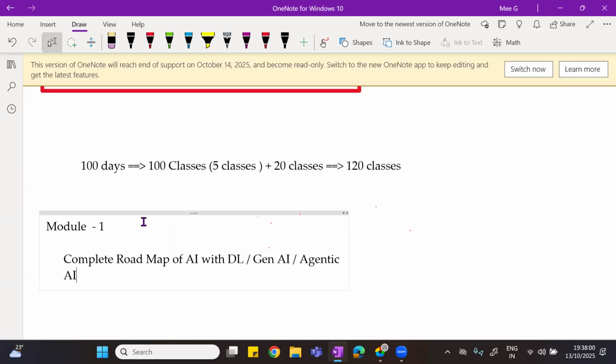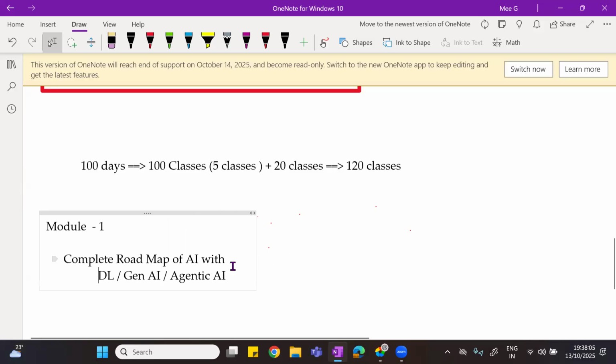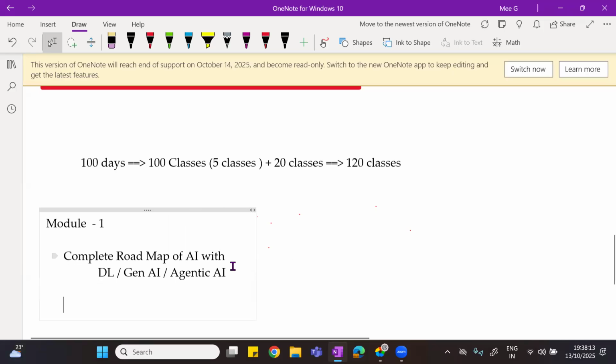I'll also give you an overview of machine learning, so you will get clarity on this. This will be in our 4-day demo sessions.